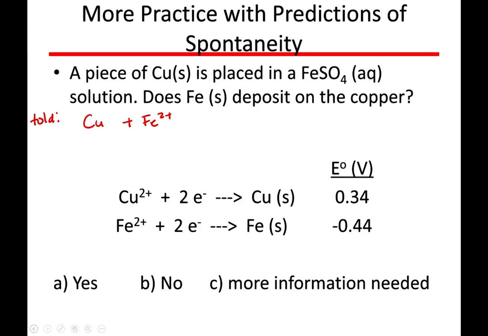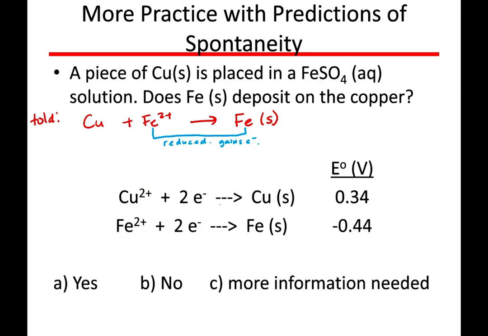Now, you're being asked, do you produce Fe solid? So now on the product side of the equation, we'll put Fe solid. We have to predict what the other product of this reaction is. And so we recognize that in this reaction, Fe2+ is being reduced. Fe2+ is gaining electrons.